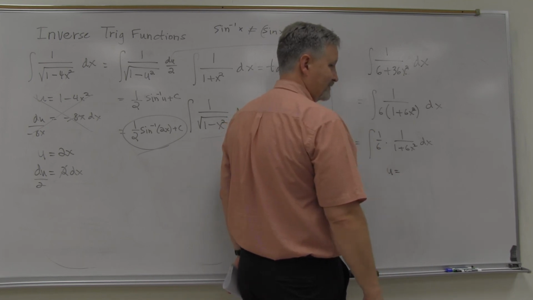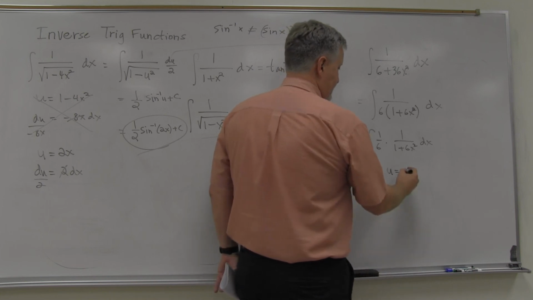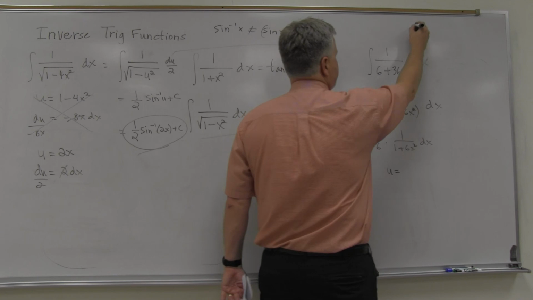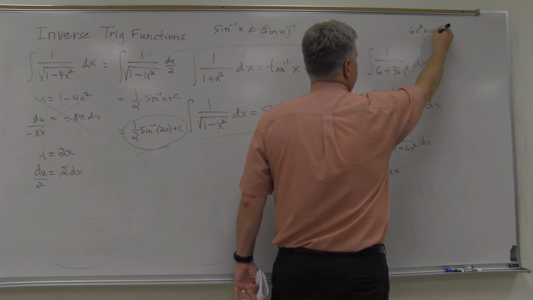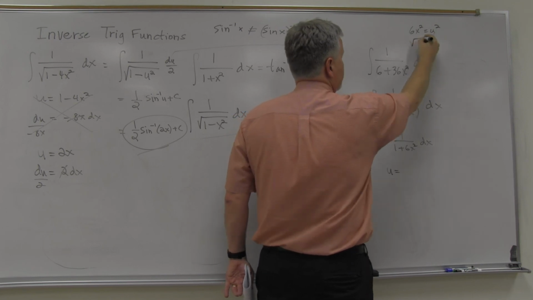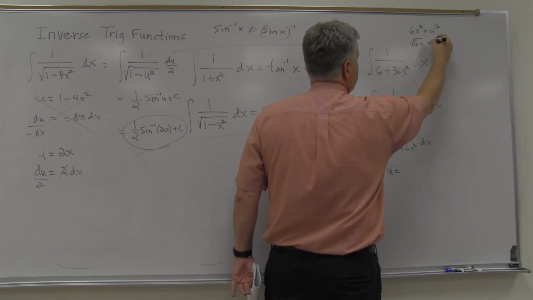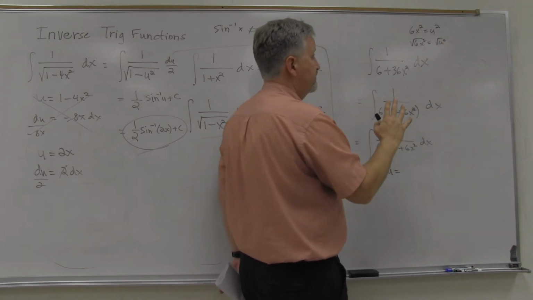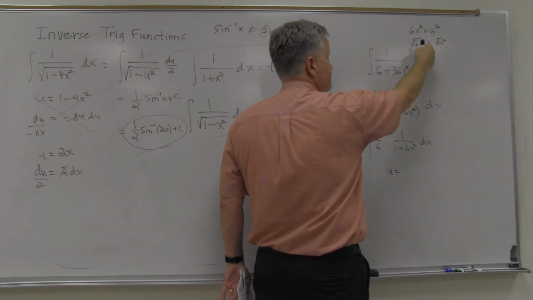A little trickier, isn't it? So 6x squared needs to equal u squared. Think of it that way, so square root everything. That tells you what u needs to be. Wouldn't it be the square root of 6 times x?